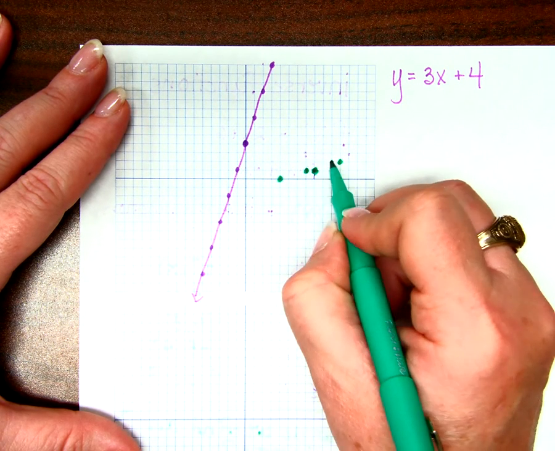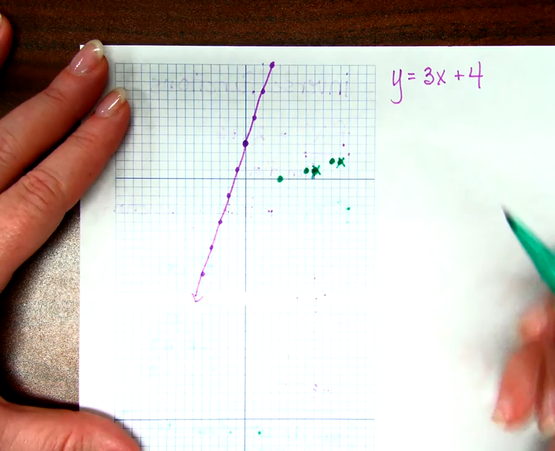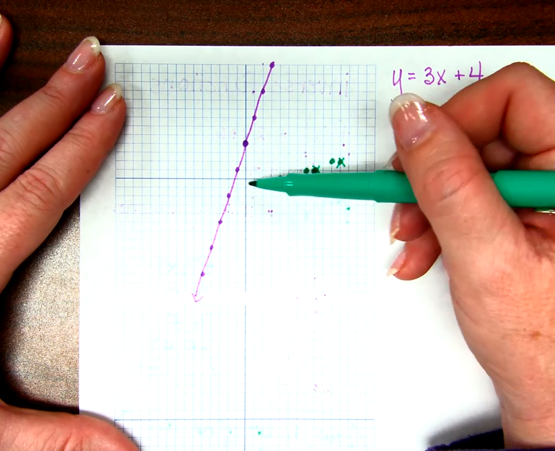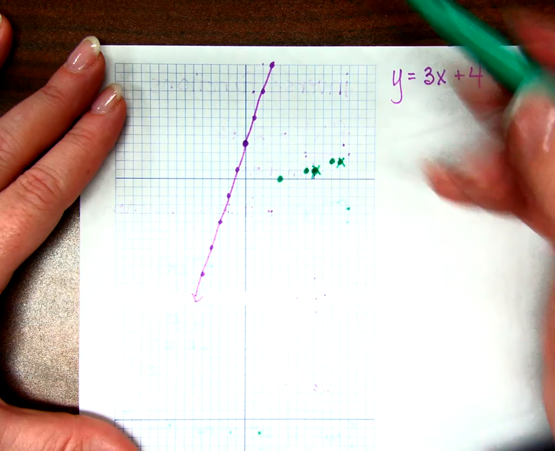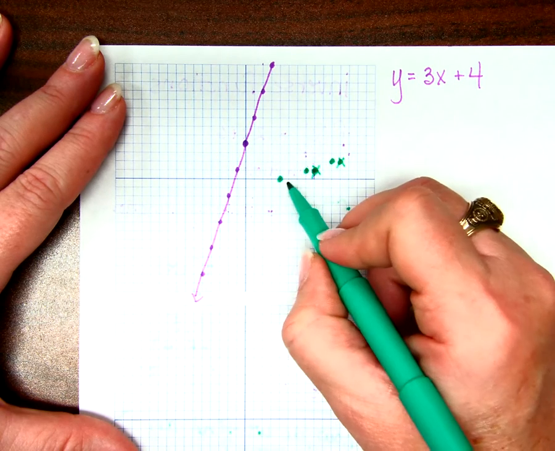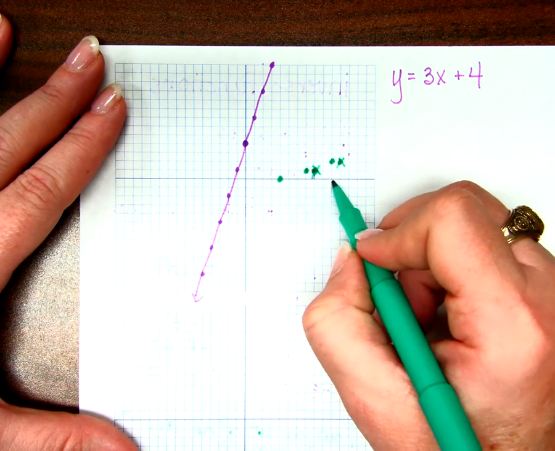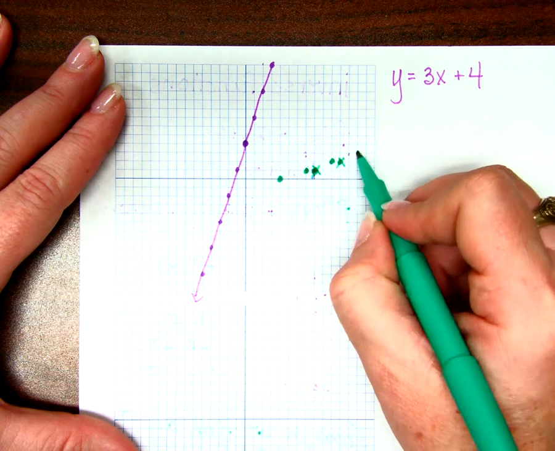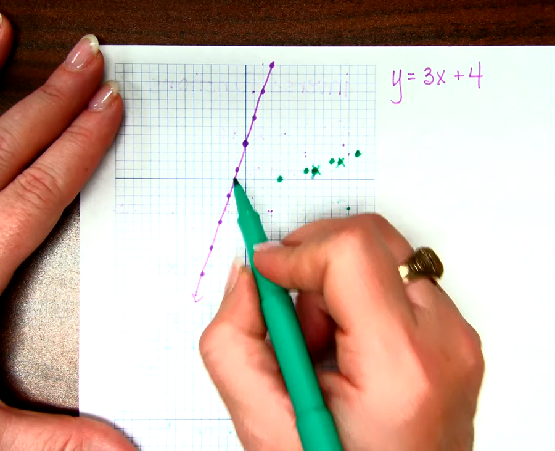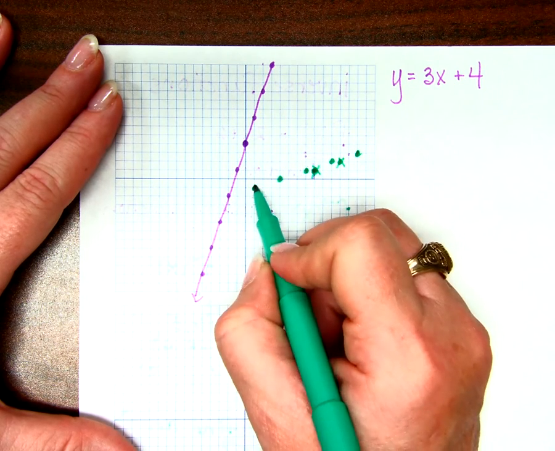Sorry, ignore that one. So that one is 3, 13. So 13, 3. So this one is negative 1, 1. So that would be 1, negative 1.